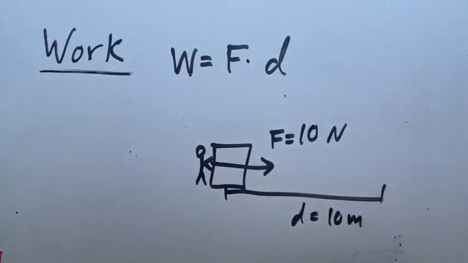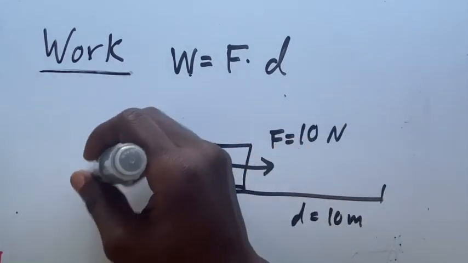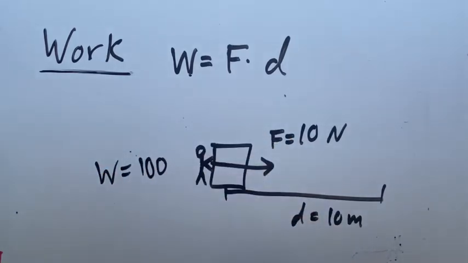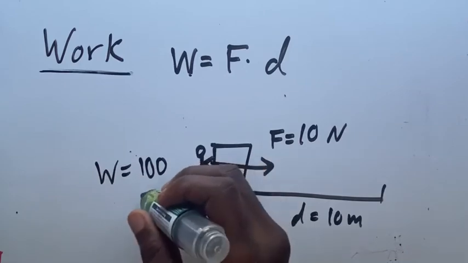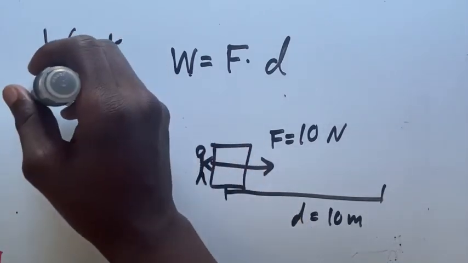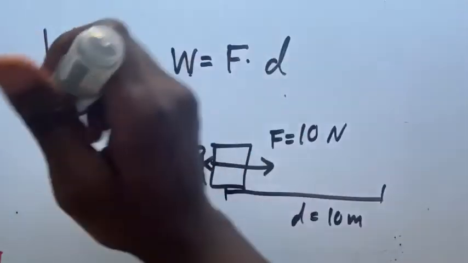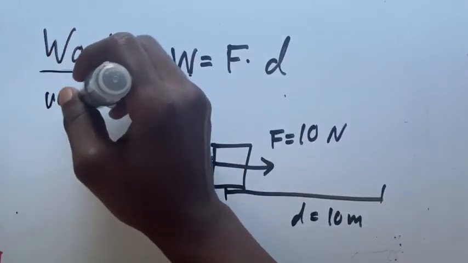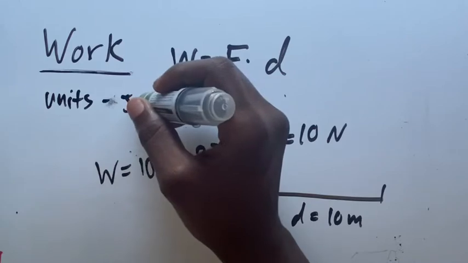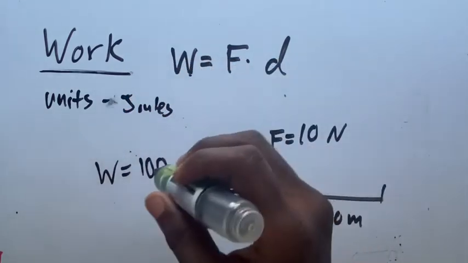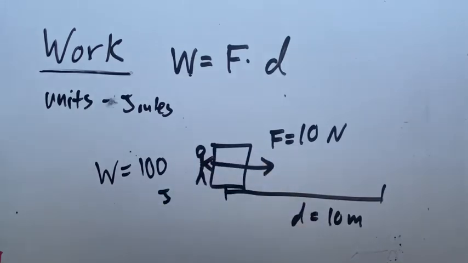So that's 10 times 10, so the work that you did on this box is going to be 100. And work is measured in, actually its units are joules. We usually use a J for that. So you did 100 joules of work on this box.